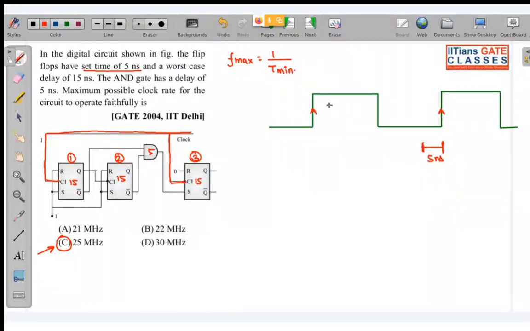Now setup time is before the active clock, means setup time is the concept of input stabilization before the active clock edge. So that is why I am taking this, because if I take from here, then how can I go over this side? Because this is not before, I have to go over this side, so this is after.